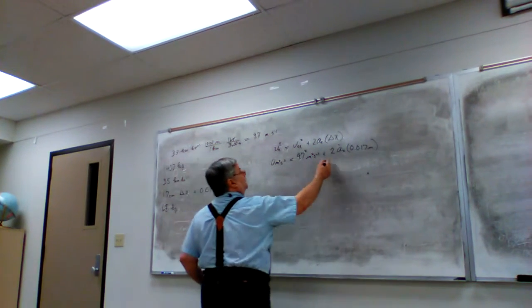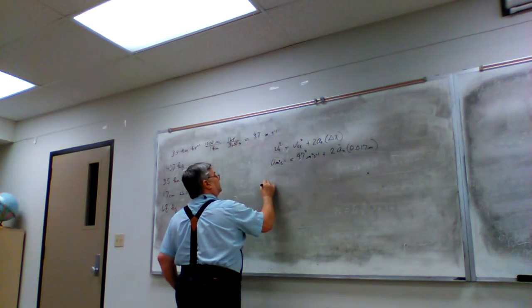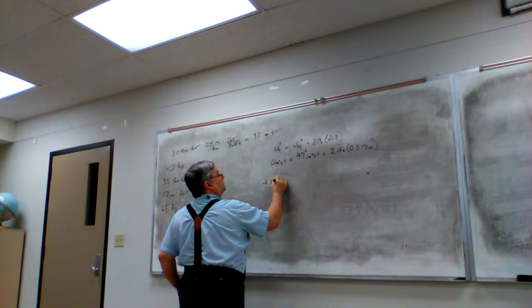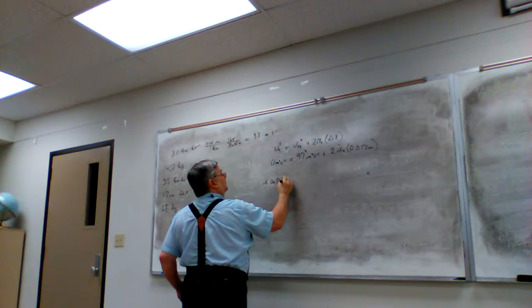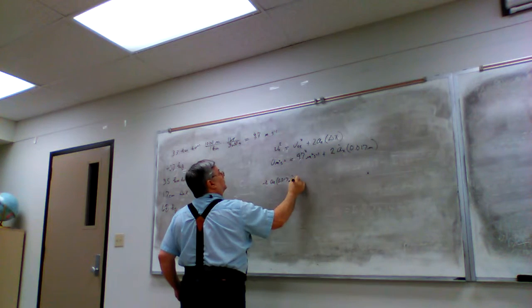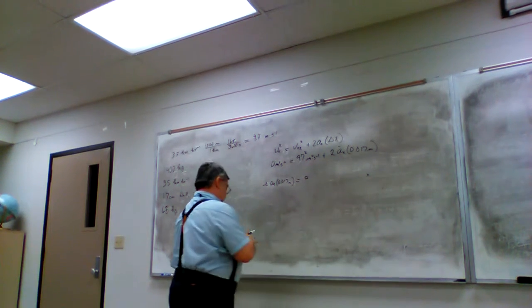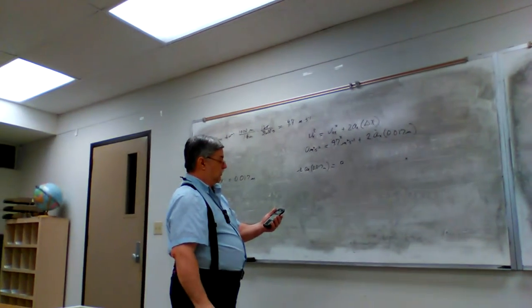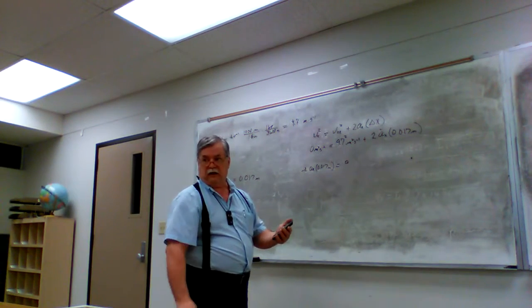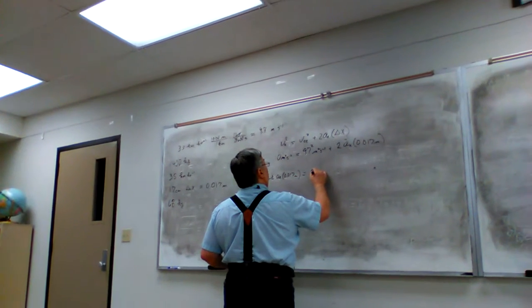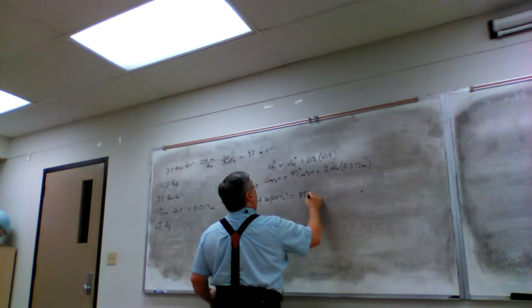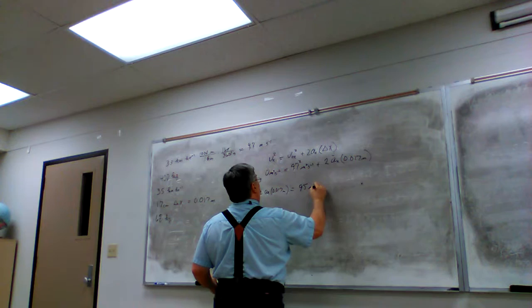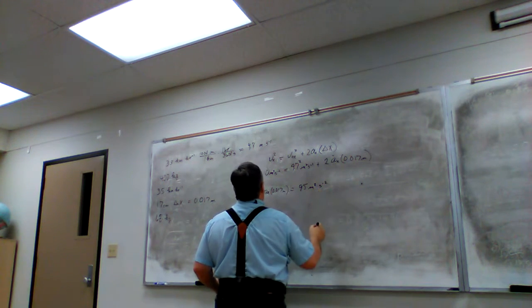If we subtract this from both sides, we get minus 2 a x times 0.017 meters is equal to 9.7 squared, which is 94.5, so we'll call it 95 meters squared per second squared.